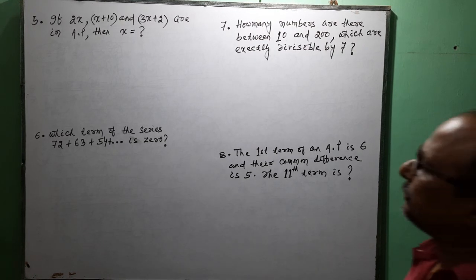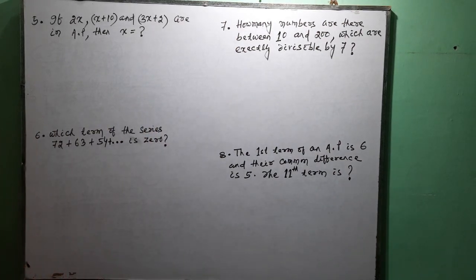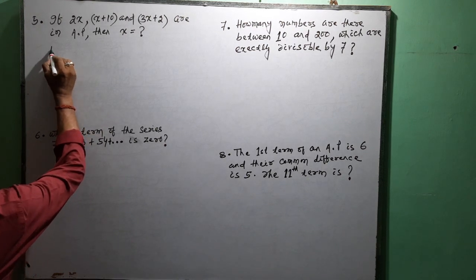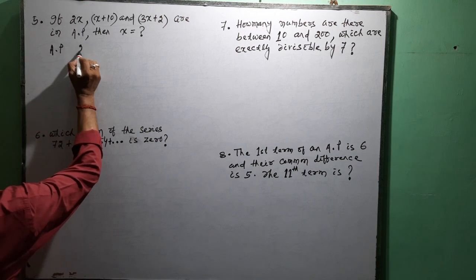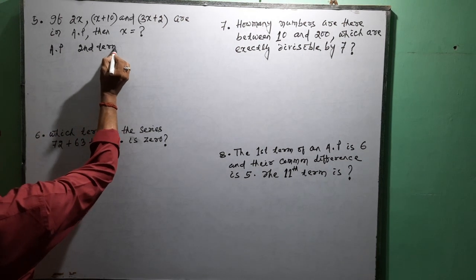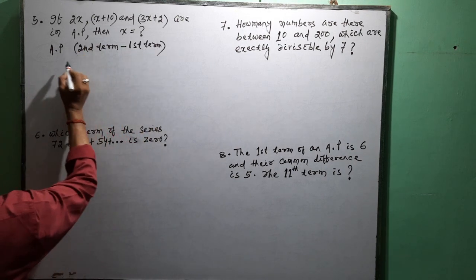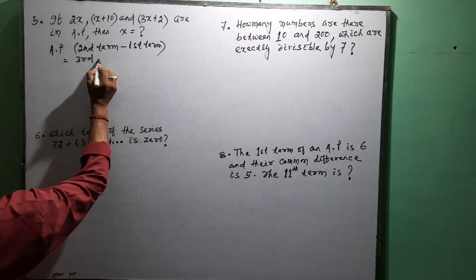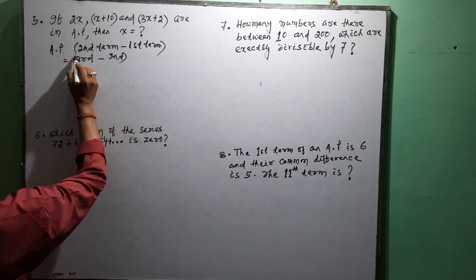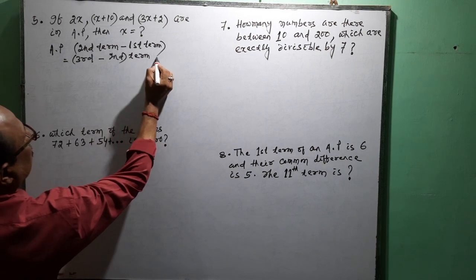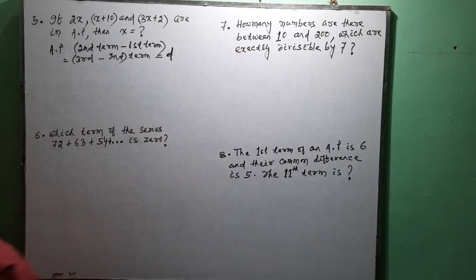Number 5. If 2x, x plus 10 and 3x plus 2 are in AP, then x is equal to. In an AP, the second term minus first term is equal to third term minus second term. This is D, the common difference.